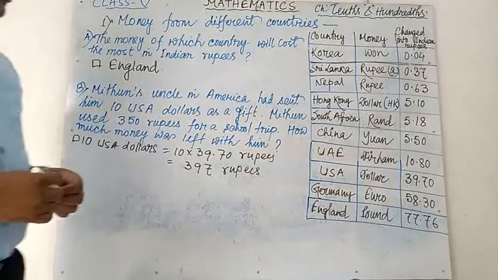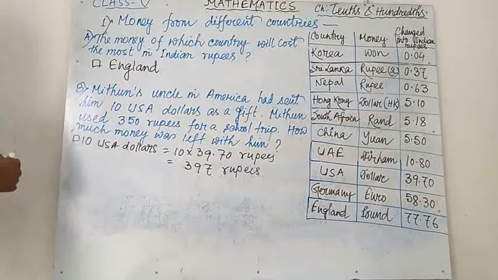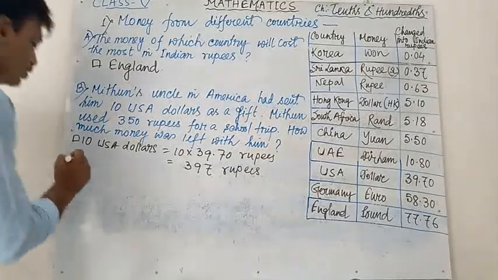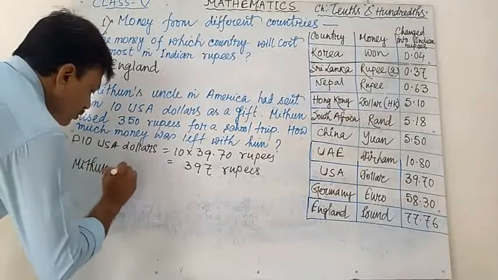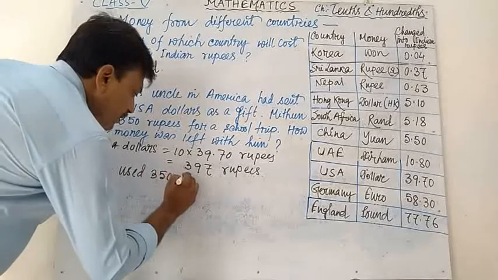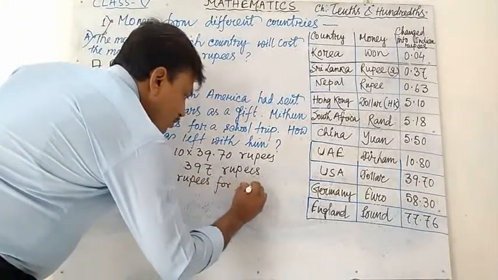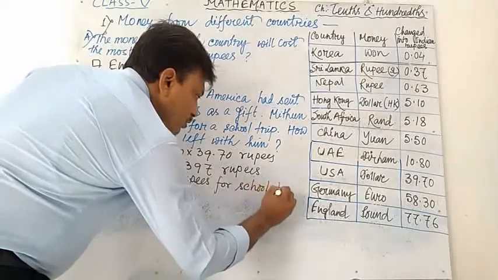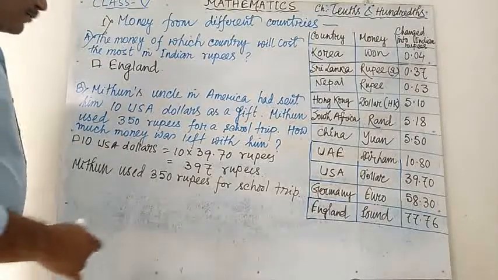Now Mithun used 350 rupees for the school trip. So how much money is left with him?